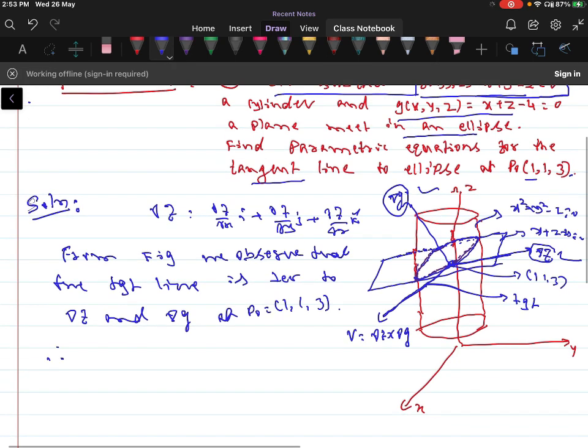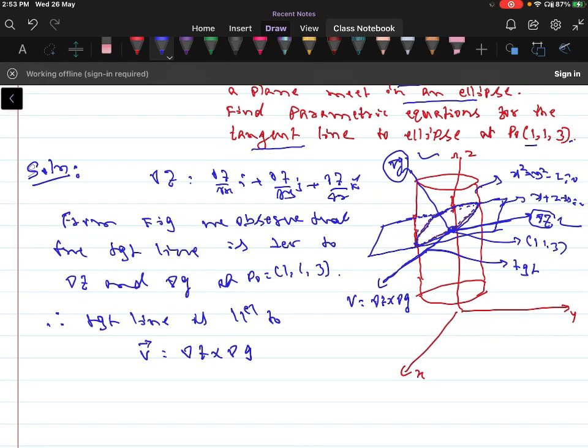Therefore the tangent line is parallel to, let us call it v, which is equal to gradient of f cross gradient of g, where gradient of f and gradient of g are vectors.